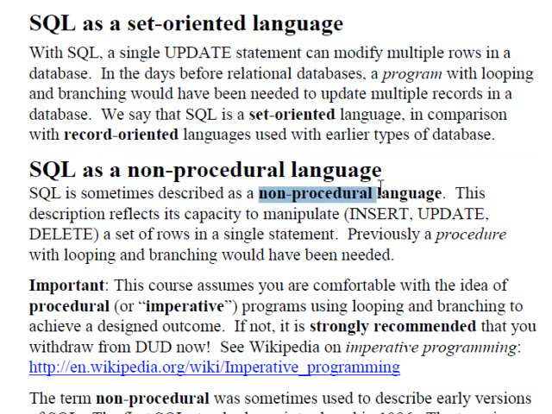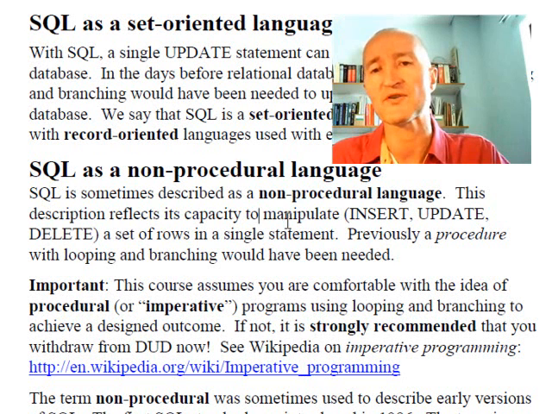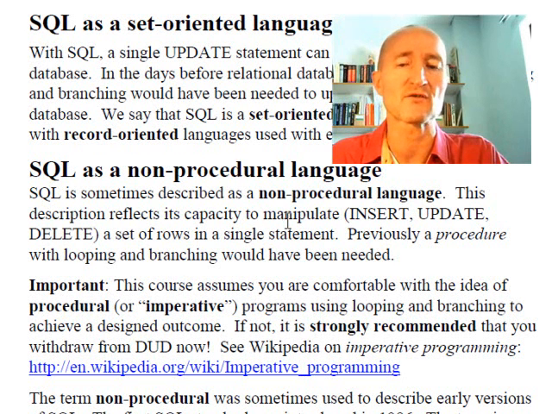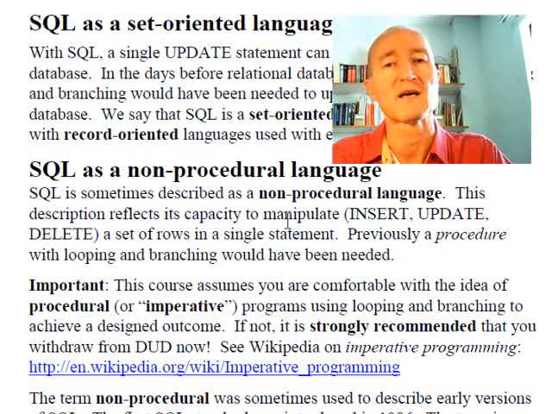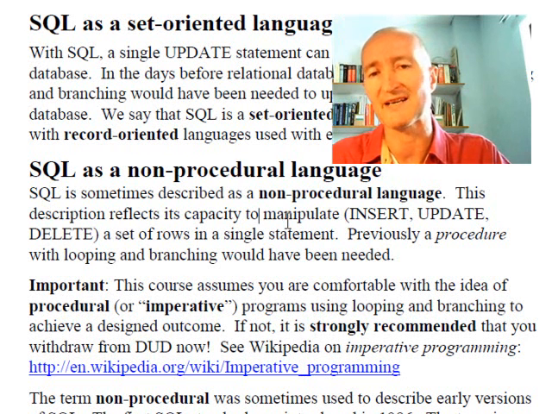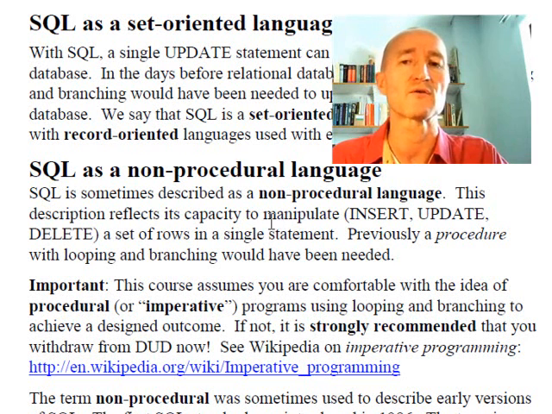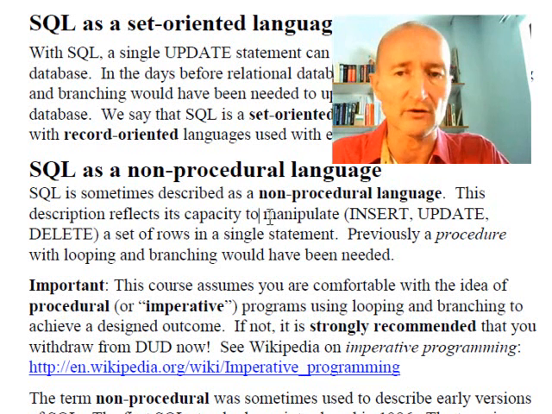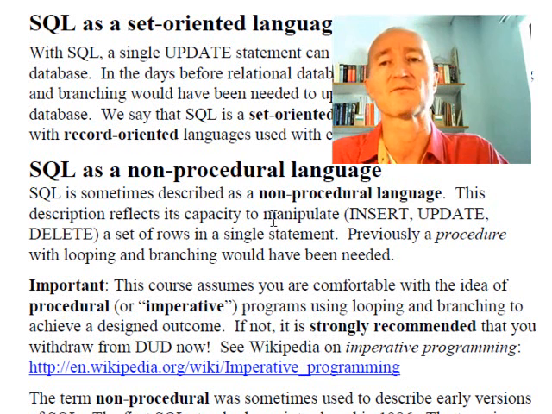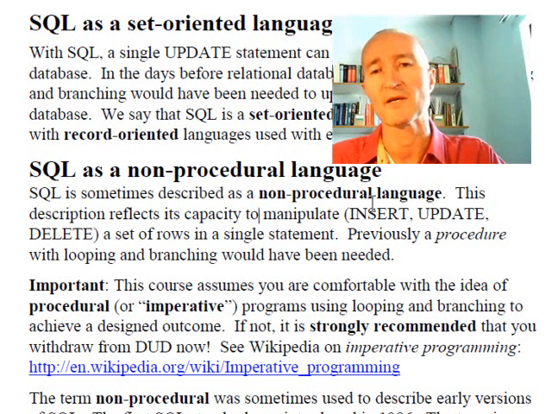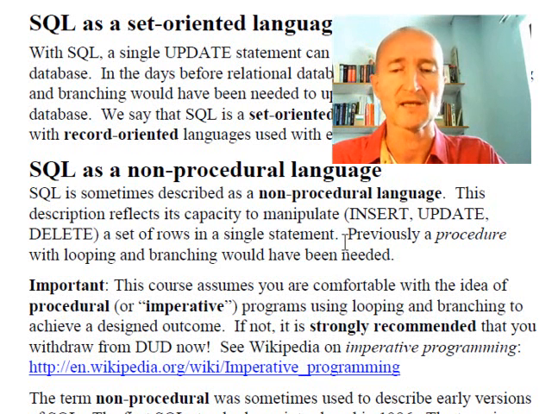So this claim that it's non-procedural was often heard, and it's capturing the same idea. Non-procedural, making the point that if you want to update a set of rows, you don't have to write a procedure or a program with looping and branching. You don't need a while statement and an if statement to find the rows or the records in a file that you want to delete or update. Whereas in relational languages, which are set at a time, you can do that with a single statement.